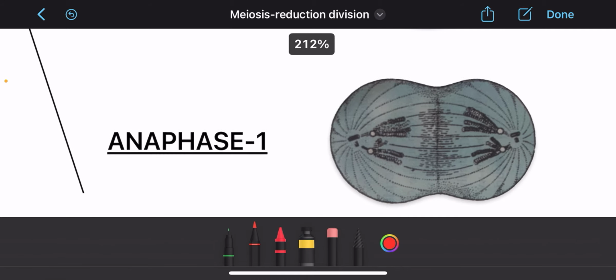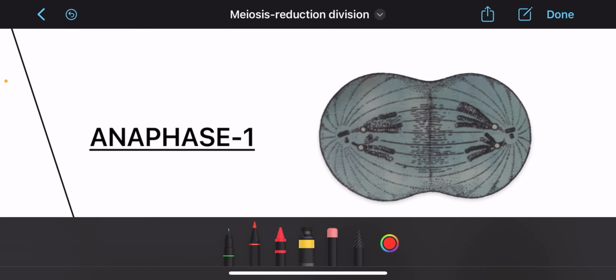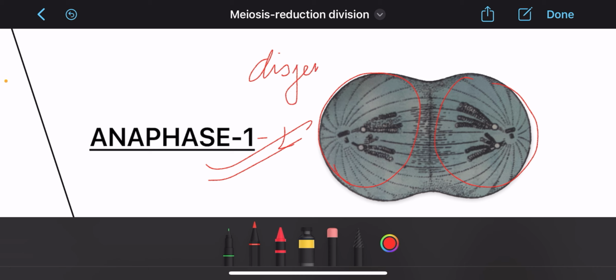Now, in anaphase, you will find the chromosomes moving towards the opposite poles. The sister chromatids still remain attached together in anaphase I and separate out in the second meiotic division, that is, during anaphase II. The separation of homologous chromosomes during meiosis is known as disjunction.